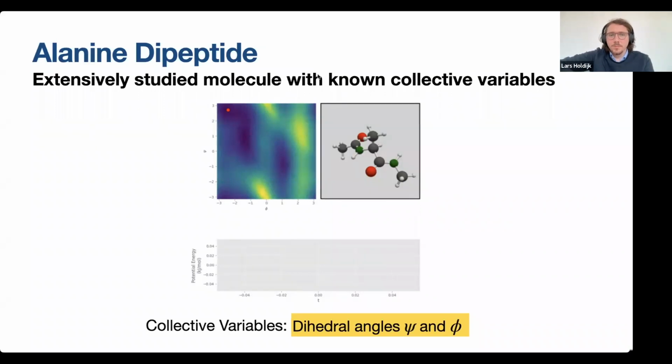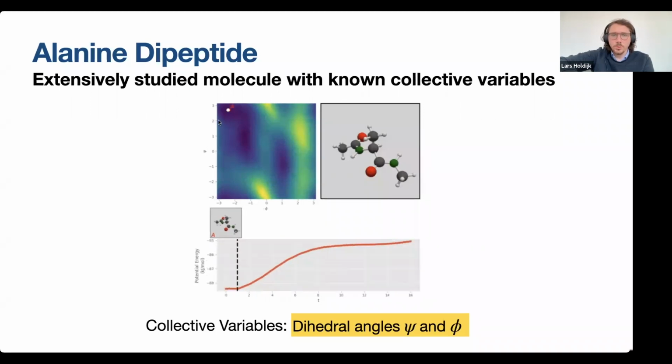So for Alanine Dipeptide, we have these collective variables around these bonds here, which define the two different possible states that the molecule can be in. There's one here and one here. Ideally, our method would rotate the molecule around these bonds without us pre-specifying it.